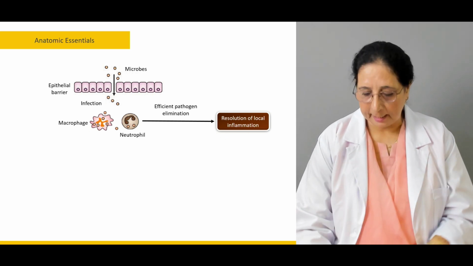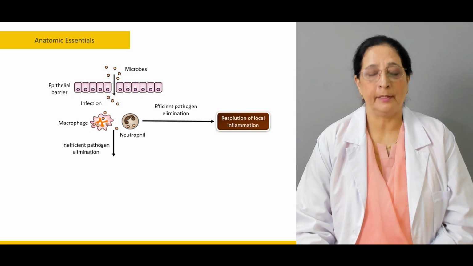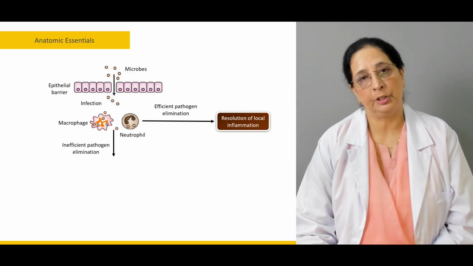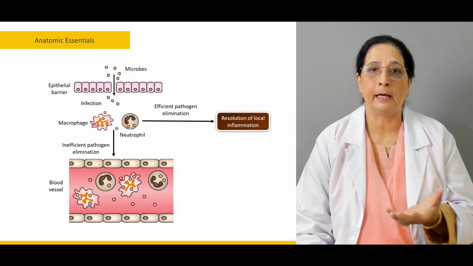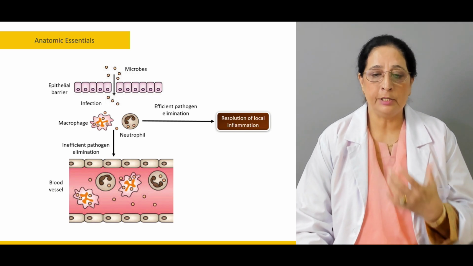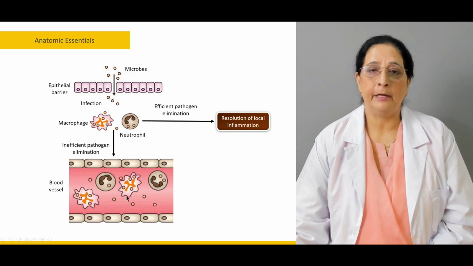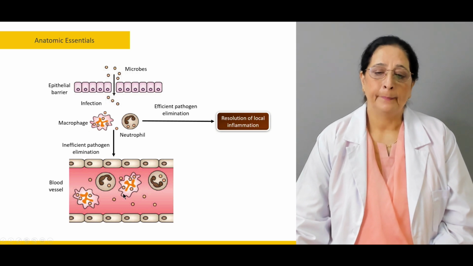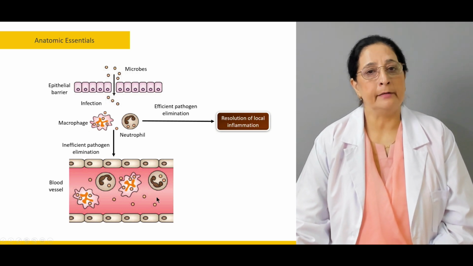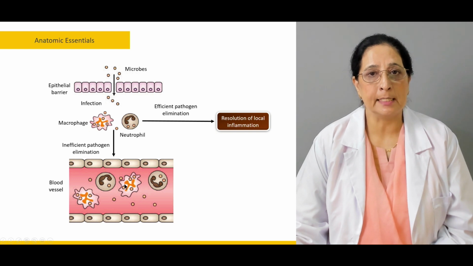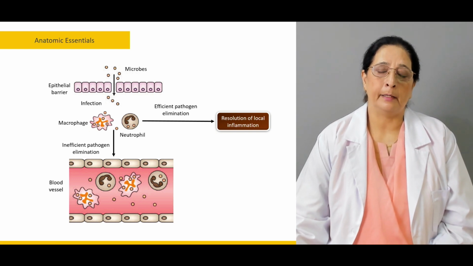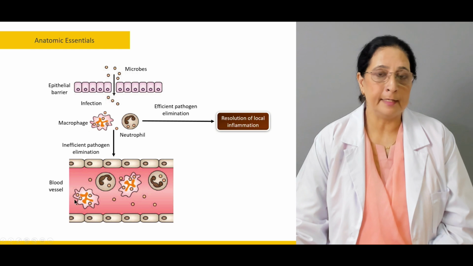The other scenario is if there is inefficient pathogen elimination by the macrophages and the neutrophils, then the microbes reach the blood vessel and cause infection or sepsis, which can be very, very severe.